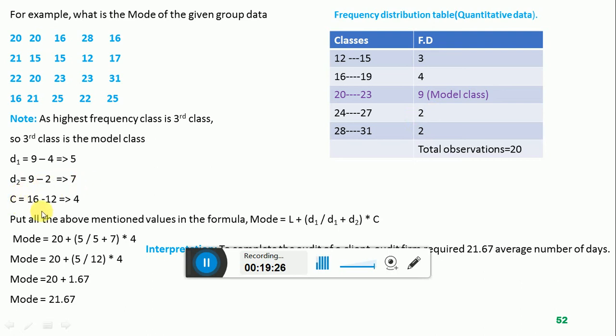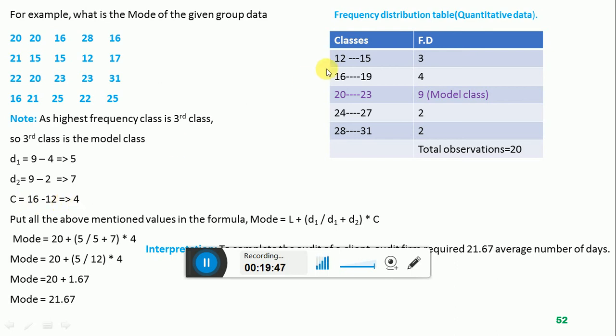C, again I am repeating, is the difference of the lower limits of 2 consecutive classes. Suppose we have 2 consecutive classes, first and second, where the lower limit of the first class is 12 and of the second class is 16. The difference is 16 minus 12, which implies 4.